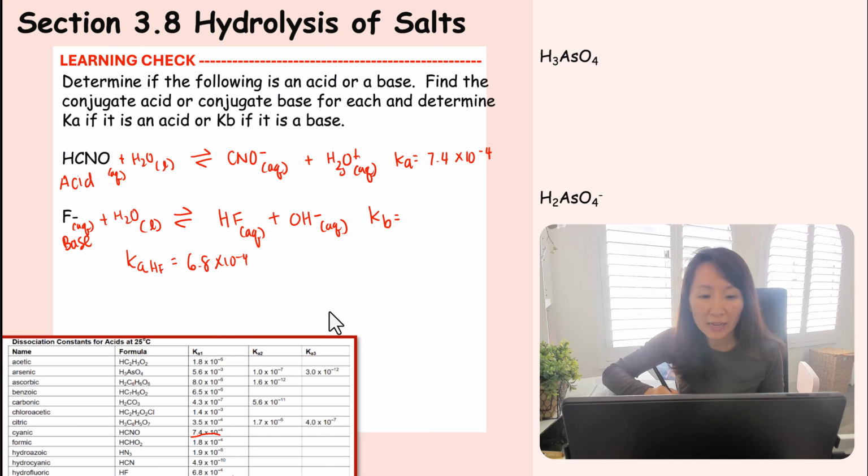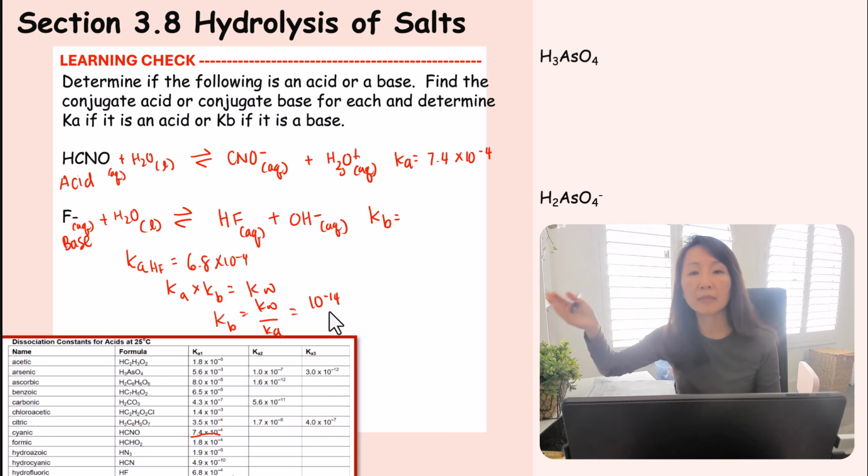Well, we know from the previous lecture that Ka and Kb have this relationship: if you multiply them together, it is Kw. Kw is 10 to the negative 14. And so therefore, if we want to know the Kb, we can divide Kw by Ka. Kw is 10 to the negative 14, or you can write 1.0 times 10 to the negative 14.